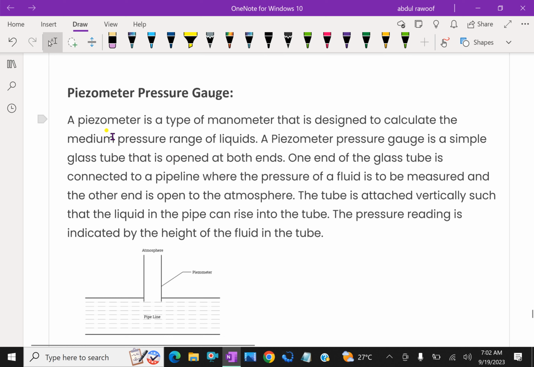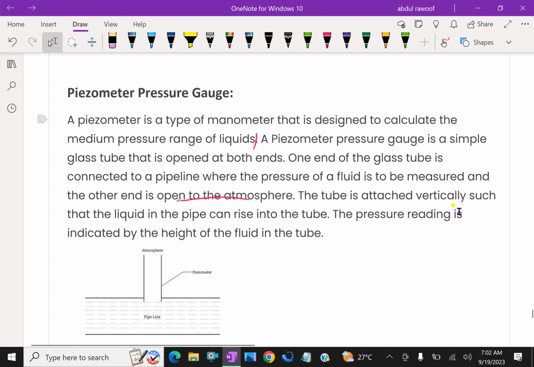Piezometer pressure gauge. A piezometer is a type of manometer that is designed to calculate the medium pressure range of liquid. The piezometer pressure gauge is a simple glass tube that is open at both ends. One end of the glass tube is connected to a pipeline where the pressure of a fluid is to be measured and the other end is open to the atmosphere.